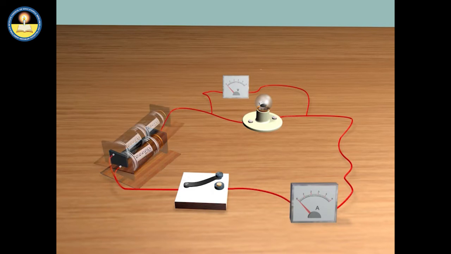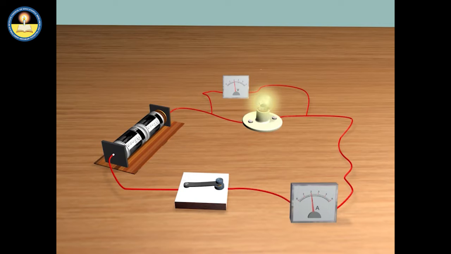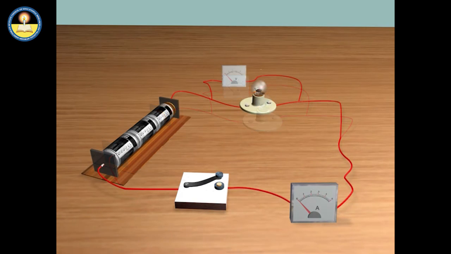He not only had clearly demonstrated the phenomenon, but also had developed a good understanding of the processes involved. He hypothesized that whenever there is a change in the magnetic field lines linked with a conductor, an electric current is induced in the conductor, and the current is called induced current.